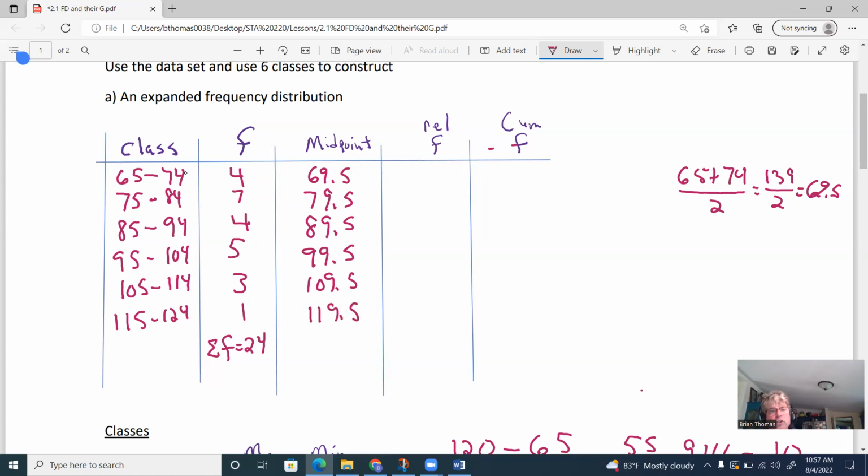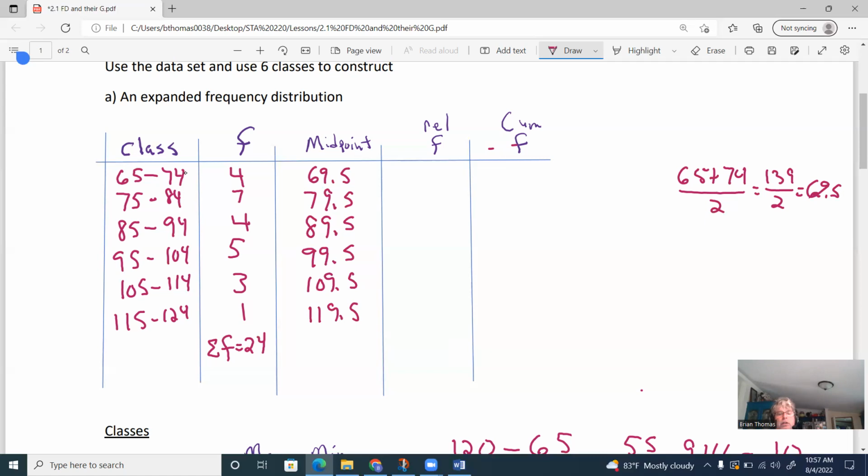So notice that the midpoint should be right smack in the middle of the class. If you want to verify that, you subtract the 74 minus the 65, that is our range. Let's see, if you divide that by 2, that will tell me how far apart they are. Divide by 2, 9 divided by 2 would be 4.5.